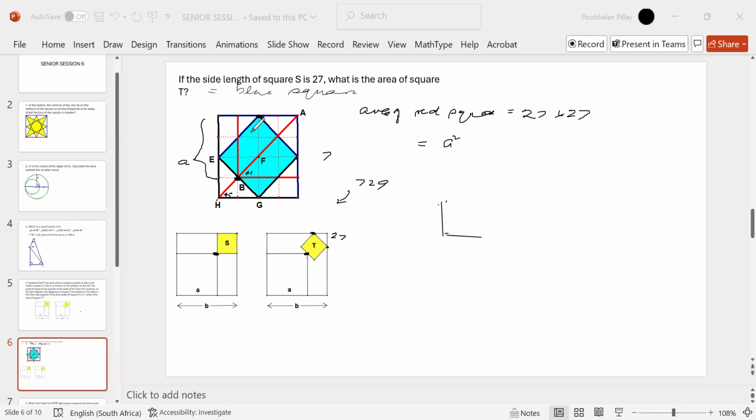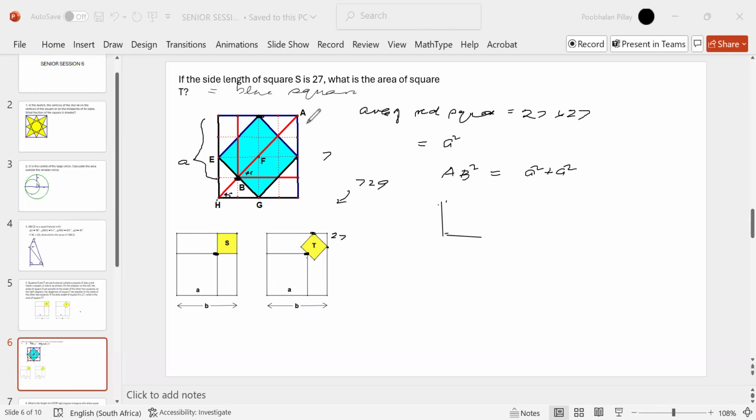Okay, now the area of the red square is A squared. Now, if you look at the diagonal AB, AB squared is A squared plus A squared.